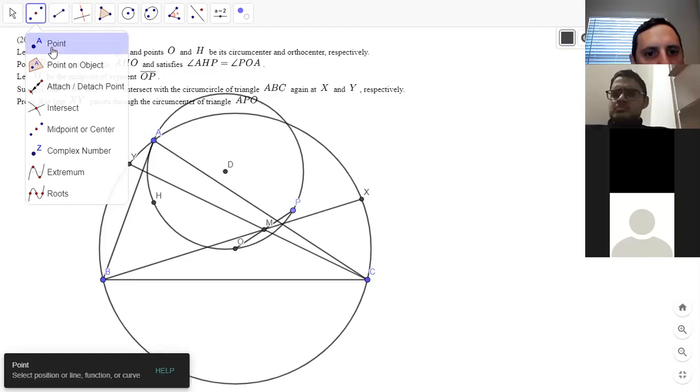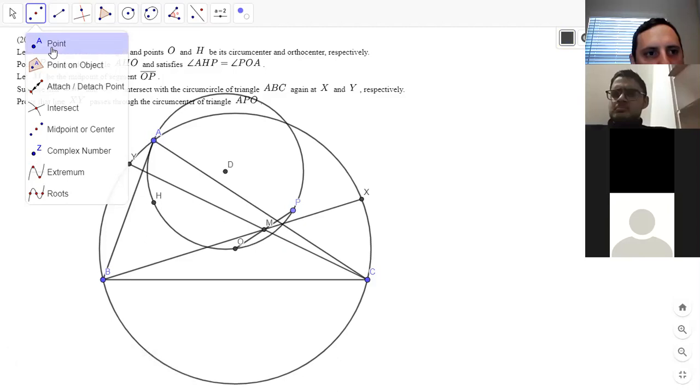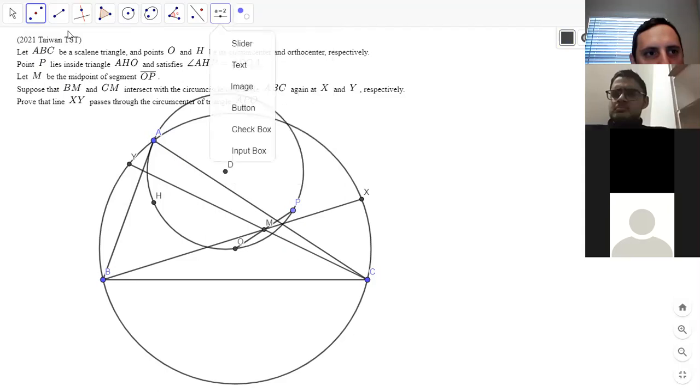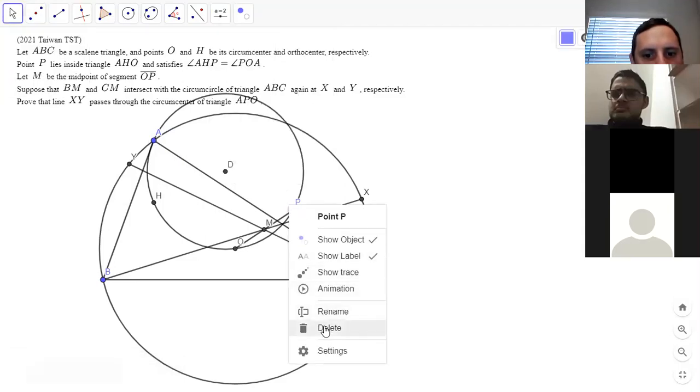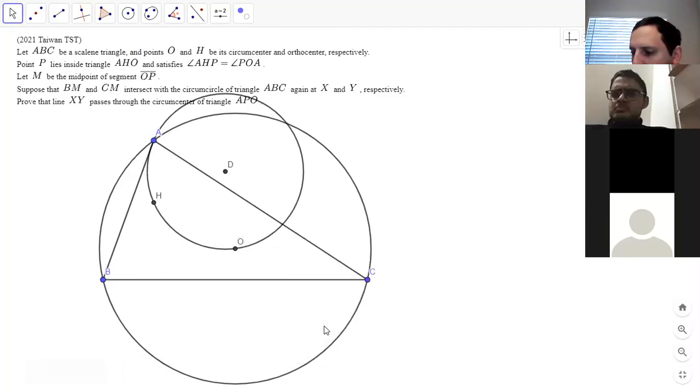You must delete that point P. All right. And the circle as well. We don't need the circle.